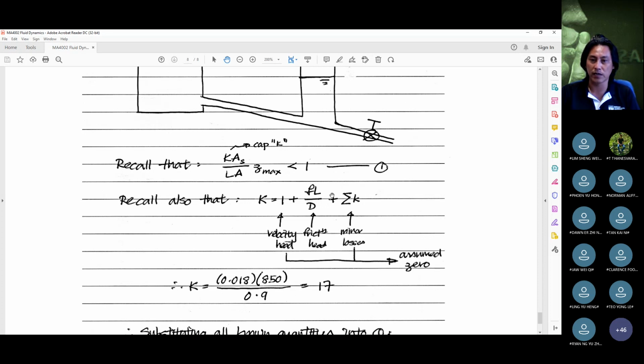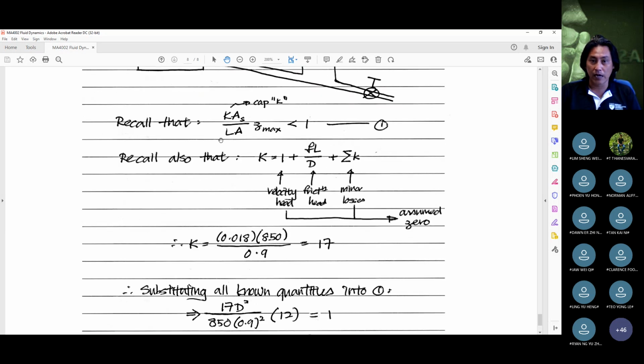So that means you only have to worry about one particular coefficient, and that is f times L over D. That's the pipe flow friction. And we can work out our K in this case because it's just fL divided by D. We know what's f, we know what's L, we know what's D, and K can be worked out to be 70. Fantastic, because this 70 can be plugged directly in here.